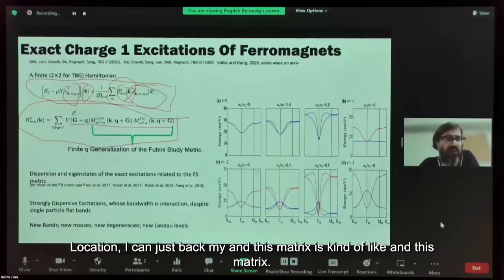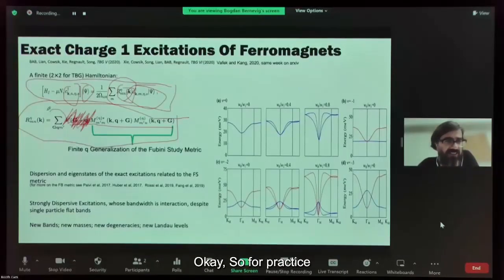Okay, in the previous case, this had no q dependence, and this just became identity by the uniform pairing condition. But if you don't have the uniform pairing condition, which the twisted bilayer graphene does not, then the charge 1 spectrum itself gets a dispersion.